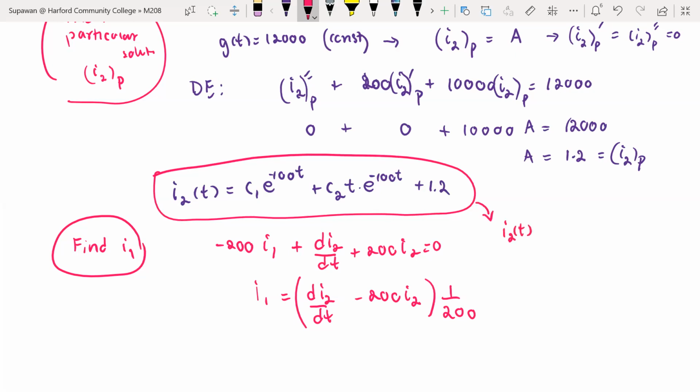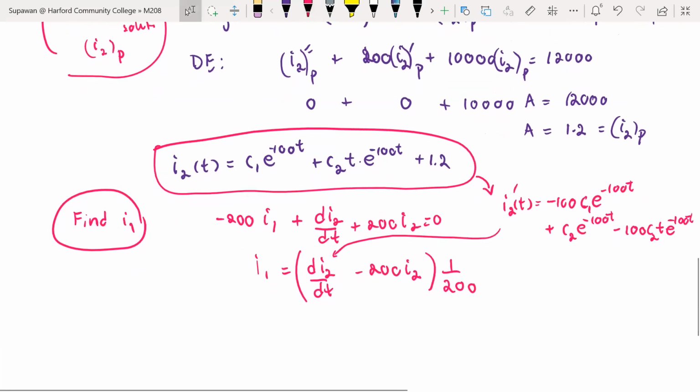So I2 prime would be negative 100 C1 e to the negative 100t. Use the product rule for the derivative of the second term to get C2 e to the negative 100t minus 100 C2 times t e to the negative 100t. And then replace it into the equation to find I1.